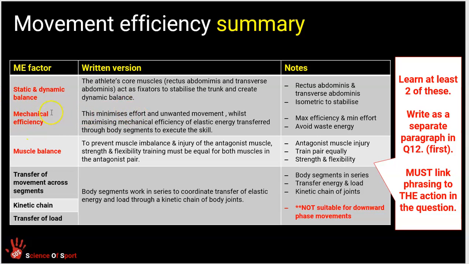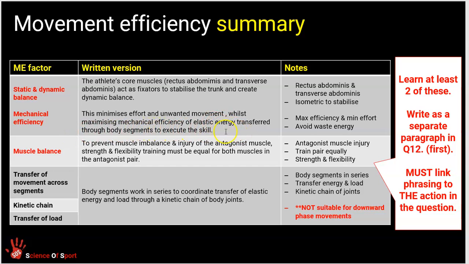And then I've put these together, because if you have dynamic balance, you don't lose energy and you'll be able to perform the skill efficiently. So it makes sense to follow with this sentence. This minimizes effort and unwanted movement, so minimizing how much effort you're putting into the skill and unwanted movement that obviously you don't want, whilst maximizing mechanical efficiency of elastic energy transferred through the body segments to execute the skill.